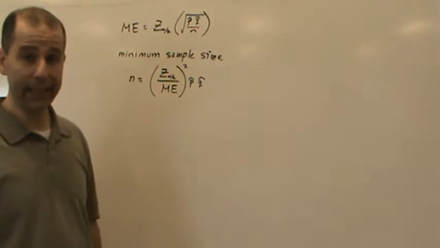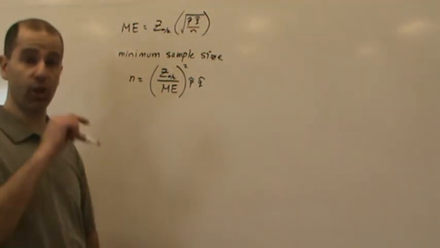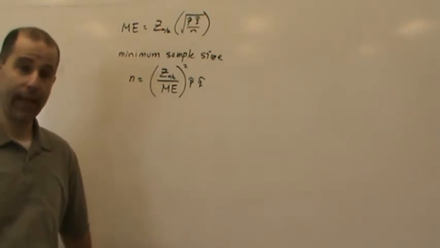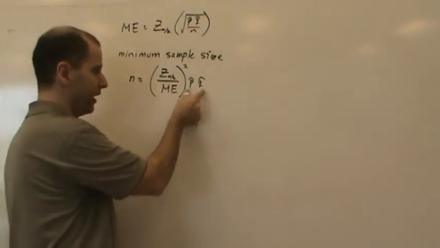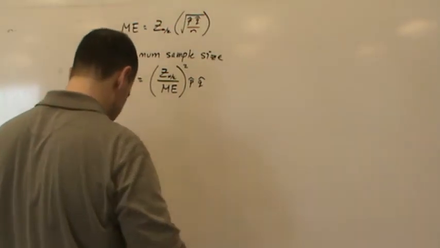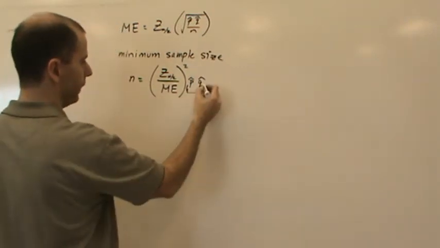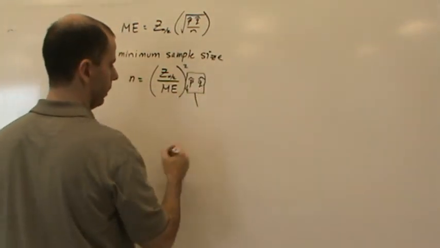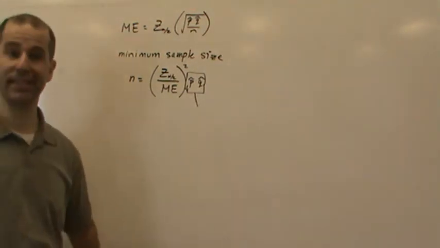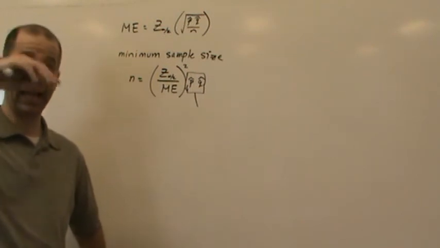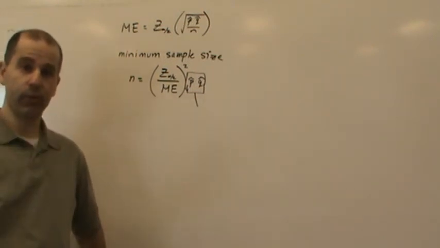So if we don't know P, well, then we want to make sure that we bound N to be as big as possible. And the value that will make this product as big as possible is if we make them the same at 0.5. Okay? And you can play with your calculator. Take any combination of the two proportions that add up to 1, right?